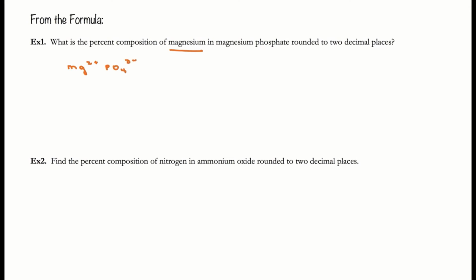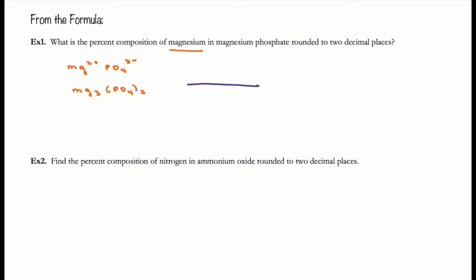So when I cross my charges, I get Mg3(PO4)2. To determine the percent composition, I need to figure out the molar mass of magnesium. I'm going to put that up top here. And then I need to find the total molar mass of the compound, and I'm going to put it right there. So let's actually do that.